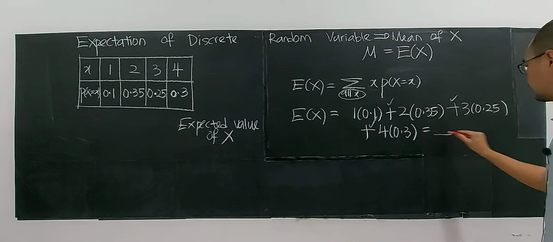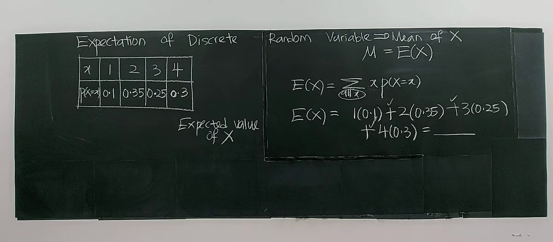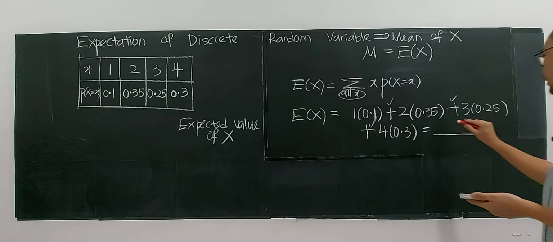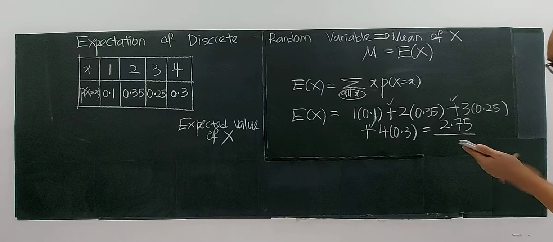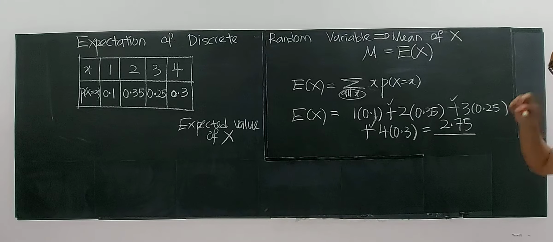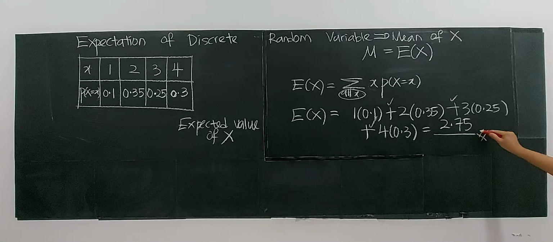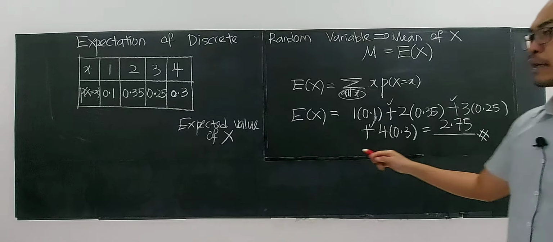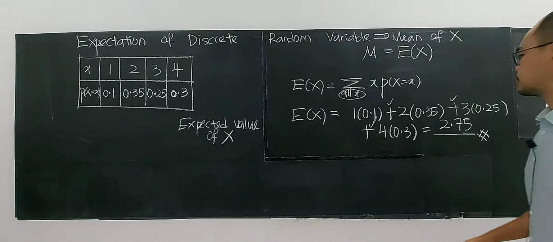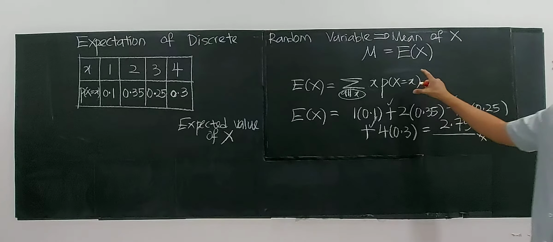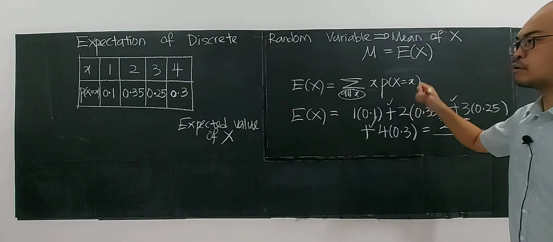Then I get the expected value, which is 2.75, or you can write it in fraction form as 11 over 4. So this is the mean of x, or the expected value of discrete random variable x. The term is very important here. This is the way we find the mean of x.